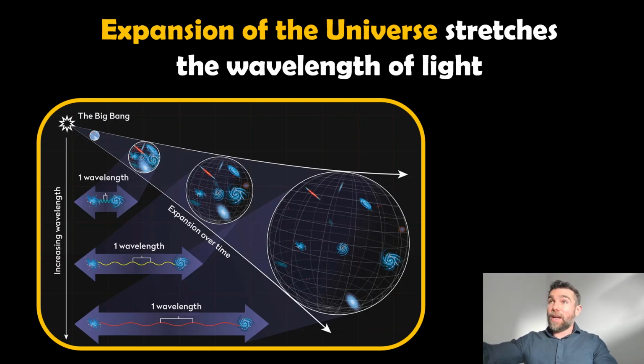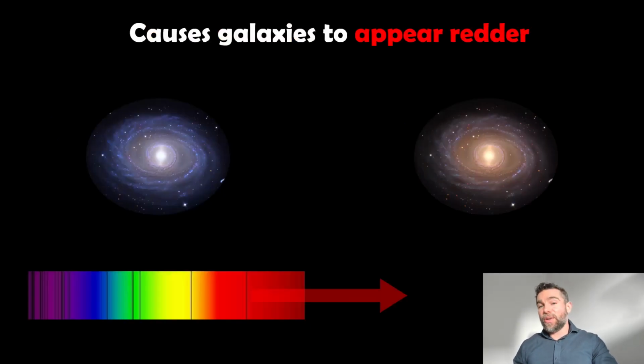So the further away a galaxy is, the more the wavelength is stretched. What does that do? Well, the lengthening of the wavelength emitted by that particular object makes it redder. So a more distant galaxy is going to appear redder than one closer to us, even if it's exactly the same type of galaxy, same size, everything. It will appear redder because of the expansion of the universe. It will also appear dimmer because it's further away as well.